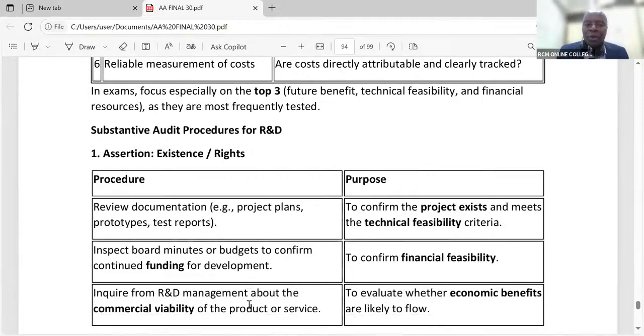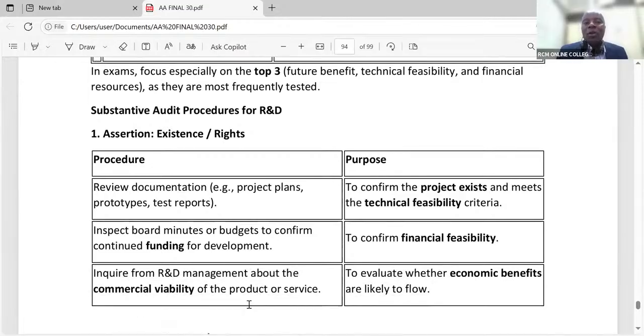Then now we get into substantive audit procedures for R&D. Remember, ladies and gentlemen, anytime you are asked about audit procedures, as an auditor, I always have an objective against which I put what we call the audit procedures.